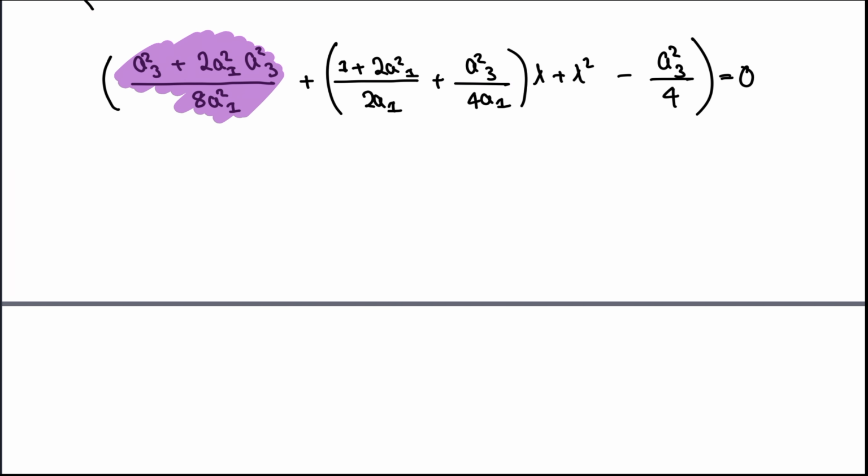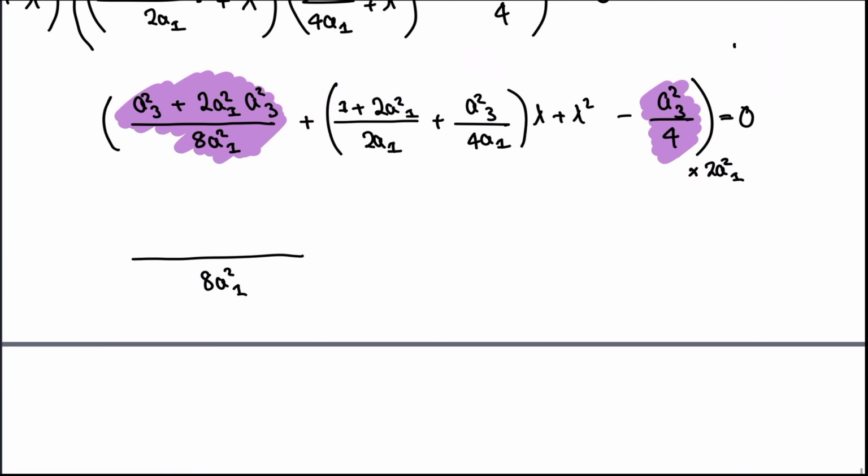If we collect these two together, we get everything over 8a squared 1, which means that I times this by 2a squared 1. So our top becomes 2a squared 1, a squared 3.